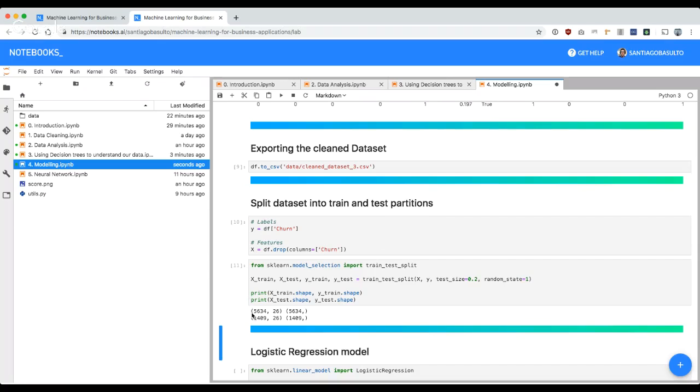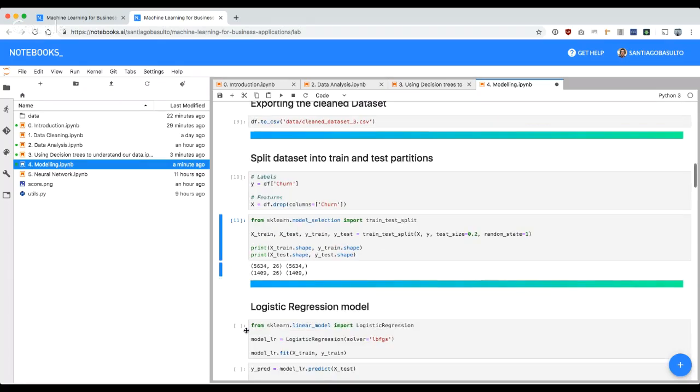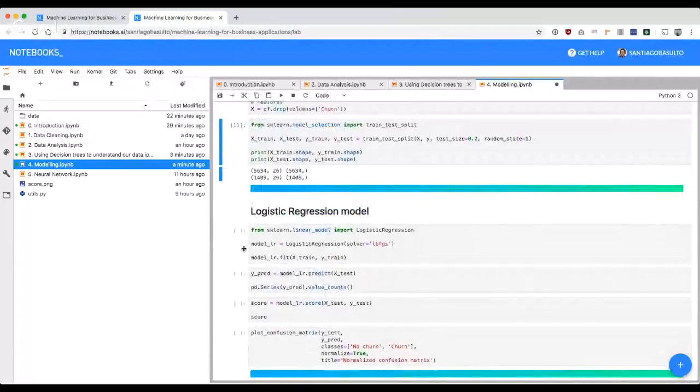One is going to be used for training our machine learning model, and the other one is going to be used to test it, to validate it, and to see how well that model is performing. So you train with this subset of the data, and then you test it against some data that it has never seen, and we can have a better understanding of the validation.